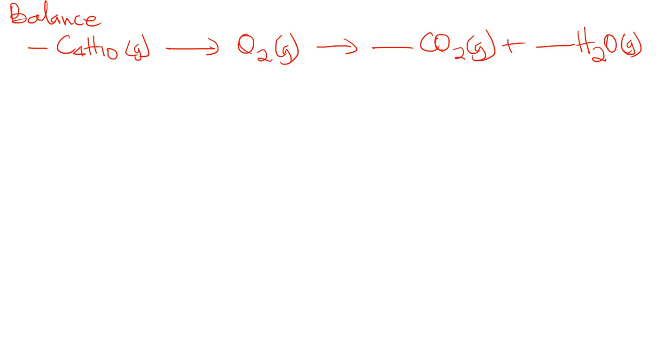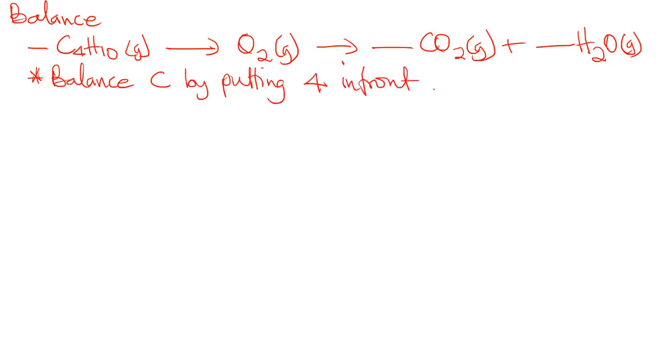So the first thing is, as I said, you need to balance C. So we have 4 carbon here and 1 carbon here. So balance C by putting 4 in front of CO2. So I'm gonna put 4 here.